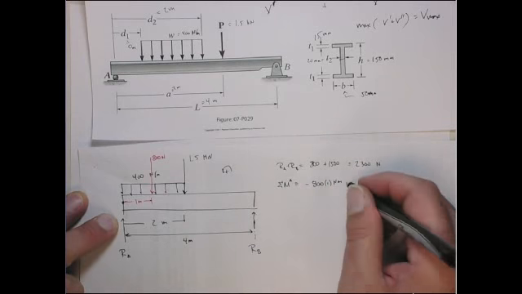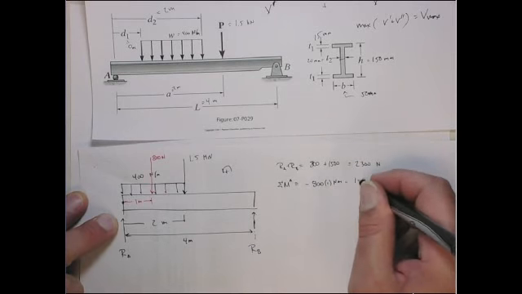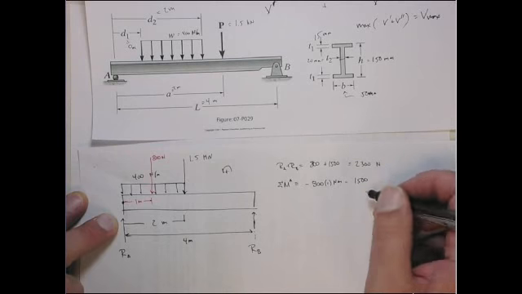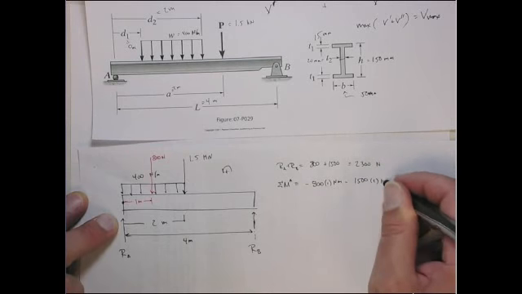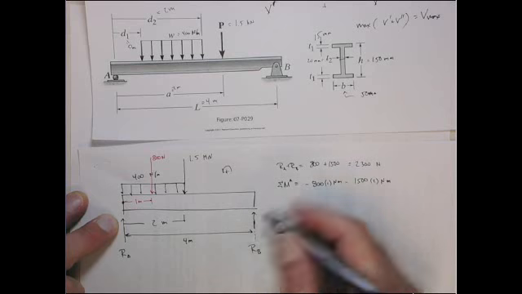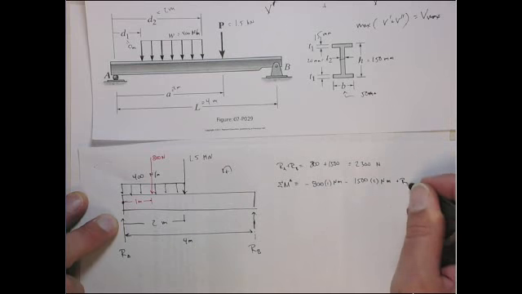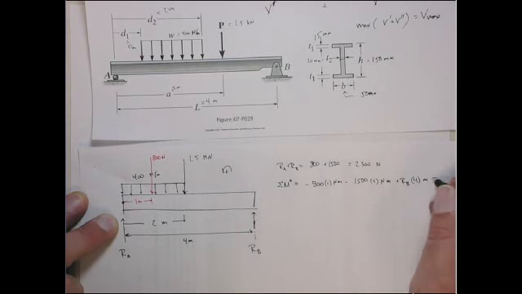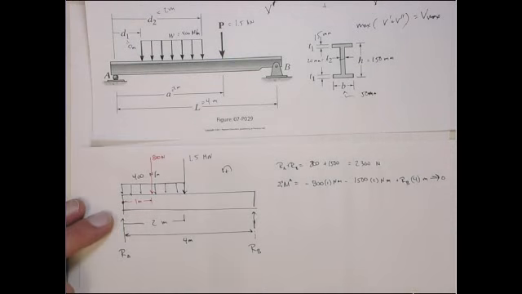This is also a negative: minus 1,500, its moment arm is 2, in newton meters. And then plus RB times its moment arm, which is 4, in meters. And that has to equilibrate to 0.